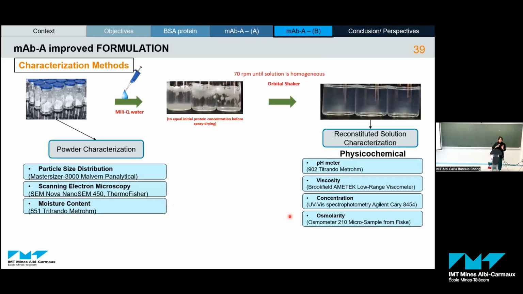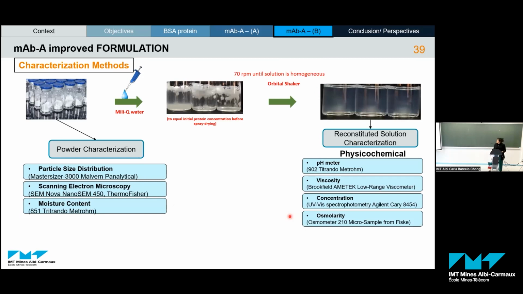And after studying the protein concentration and excipients, fixing the protein concentration to 75 milligrams per ml, and observing that surfactant is one of the most important excipients, we will pass to the improvement of our formulation.